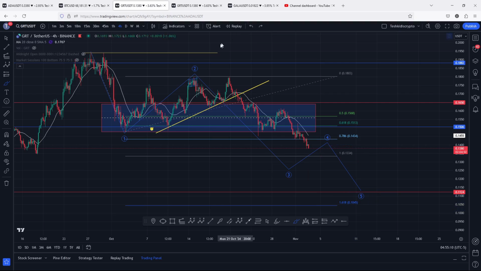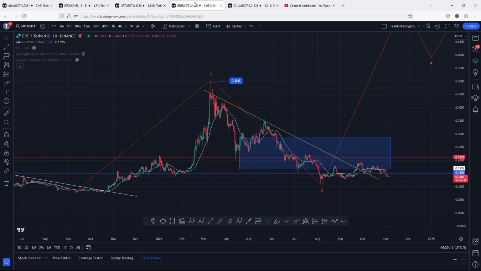We also need to have in mind that on the daily chart, we need to continue holding above the fib level 0.88, and that is better explained using the Elliott wave structures, where I still believe that we got our bear market lows last year and started an impulsive movement to the upside that peaked above the 0.4947, giving us the high for this Elliott wave count 1.